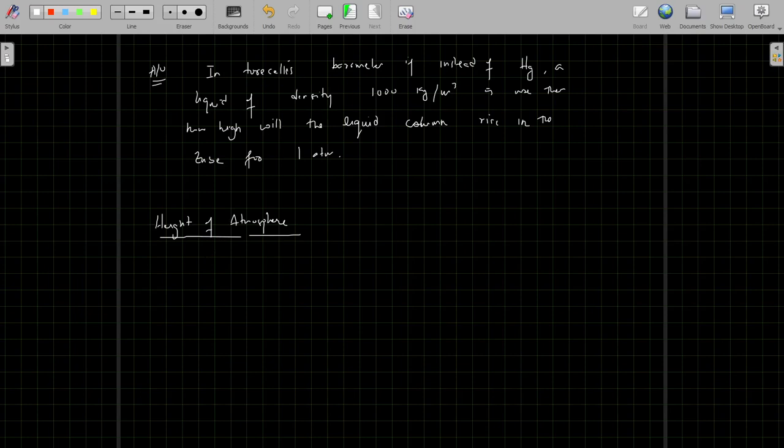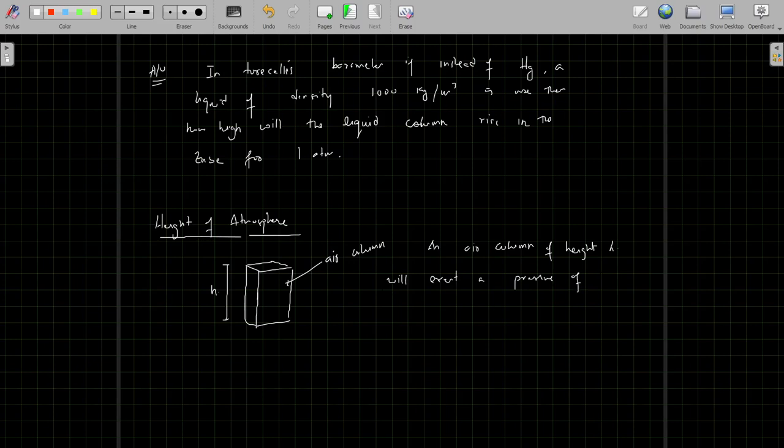So as we know that if this is any air column of height h, an air column of height h will exert a pressure of 1 atm or 101300 Pascal or 76 millimeter of mercury.